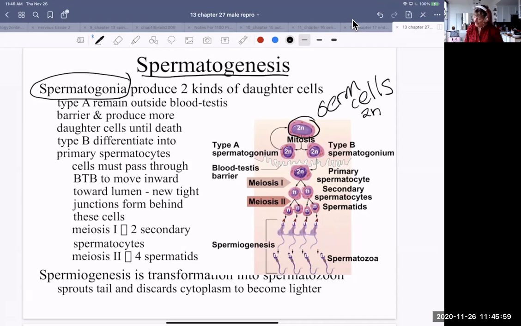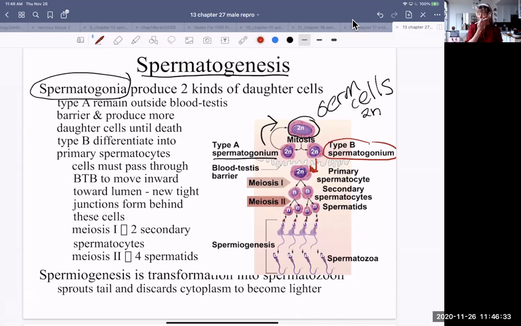Of the 2 daughter cells, one is called a type A spermatogonium, and that just simply remains in the epithelial layer of the seminiferous tubule and just keeps dividing for the rest of its life. The other one, the type B spermatogonium, still diploid, will carry on and go through the blood testis barrier.